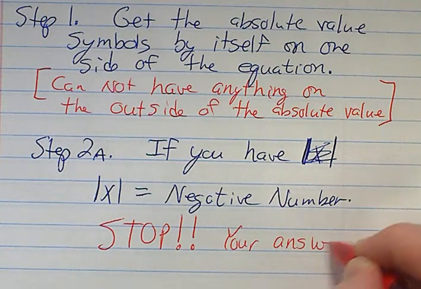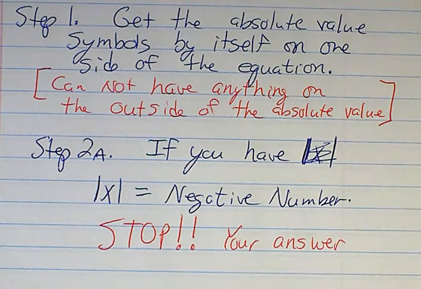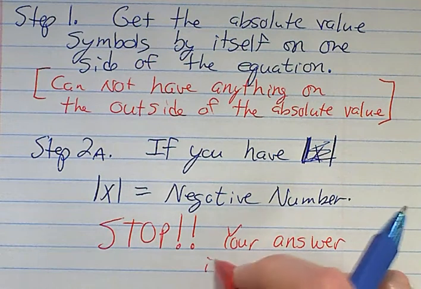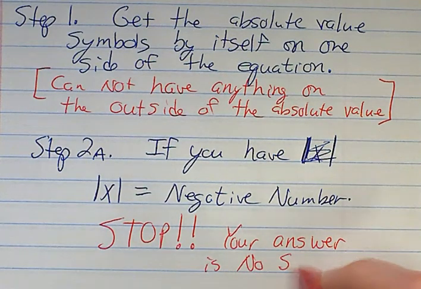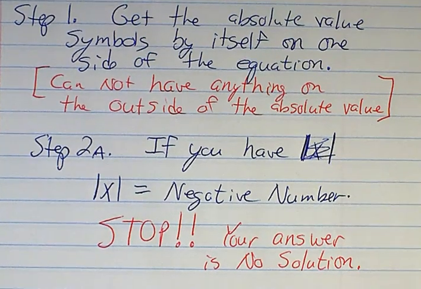Because if you get that absolute value equals a negative number, your answer is no solution. Or if you want to say that it's never true, to stick with what we did in the first couple of things, we'll take that one.